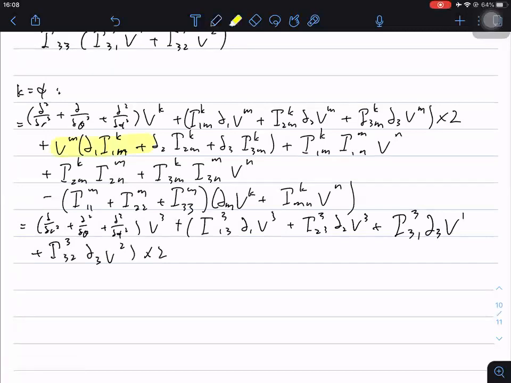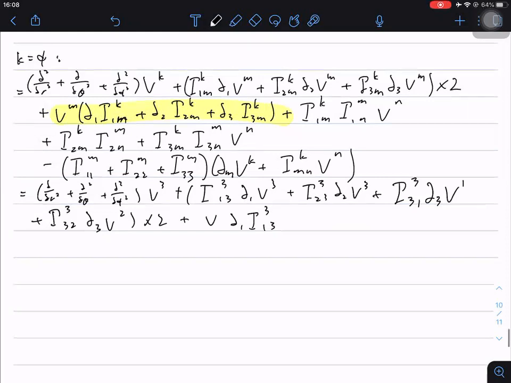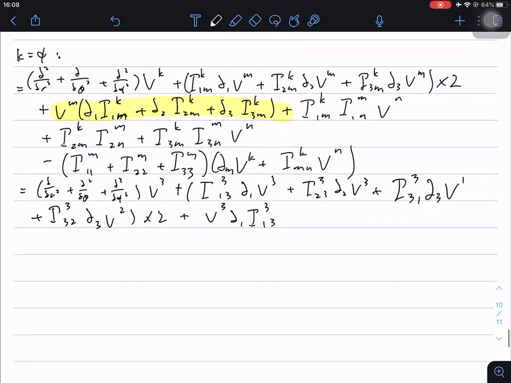And for next, 3 1 3 is non-zero, and also 3 1 3 is 1 over R, so it also depends on R. So let me keep it here. But for 3 1 2 3, the others are all 0.